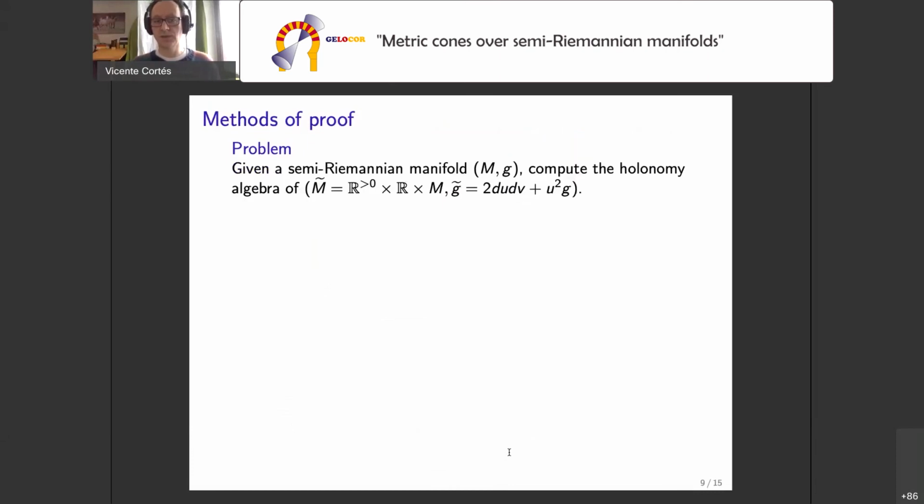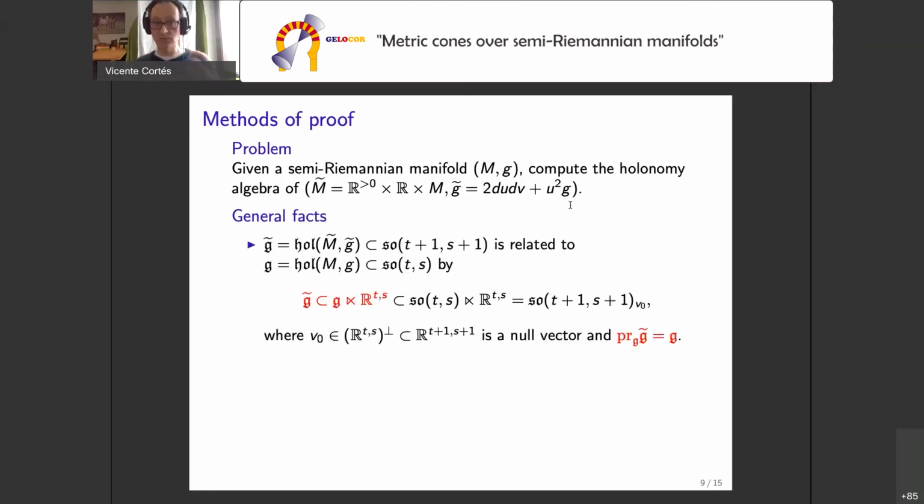So we have now a semi-Riemannian manifold (M, g), and we want to compute the holonomy algebra of the manifold M tilde, which has two more dimensions. Here R positive times R, and the metric is 2 du dv plus u squared times g. This is a normal form for the cone metric of a cone which has a parallel null line. Okay, we want to compute the holonomy. That's the problem.